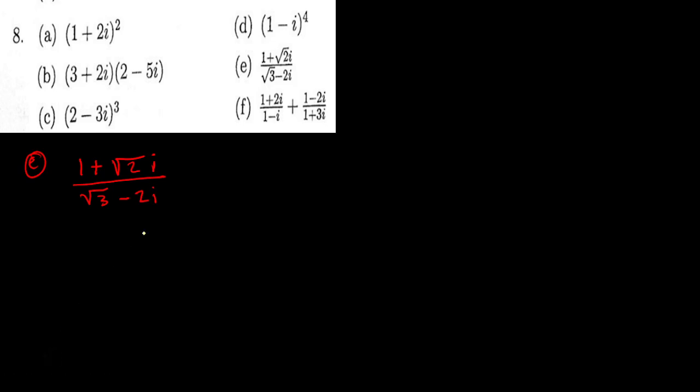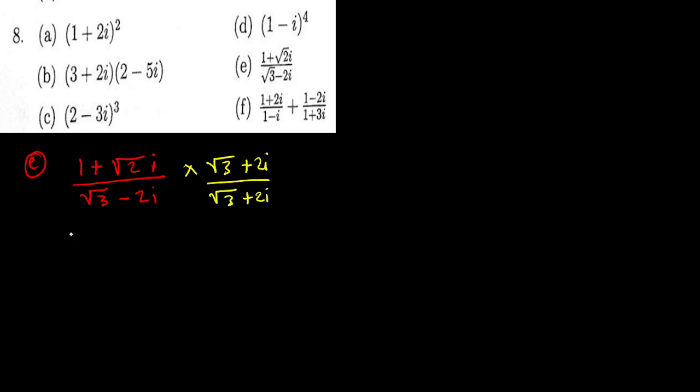I think this was explained in class about the conjugate, and there is also a video on complex numbers on this same YouTube channel which you can watch. So you're going to multiply the numerator by the conjugate, which is simply plus 2i, and then over, you also multiply the denominator by the conjugate, which is also plus 2i.